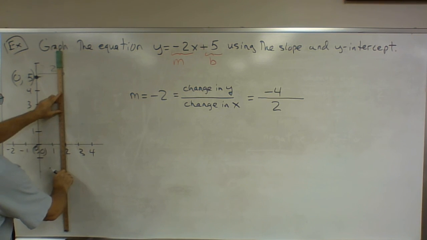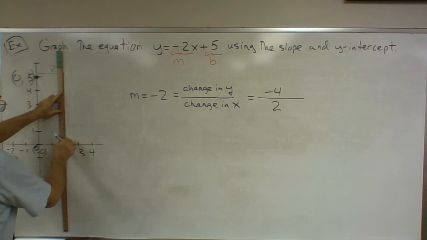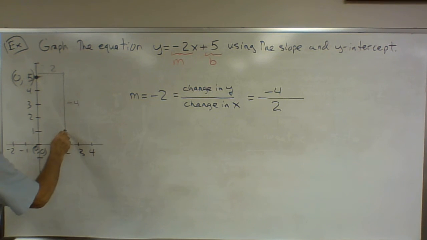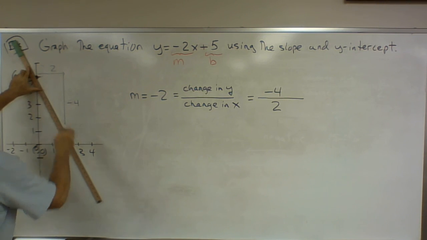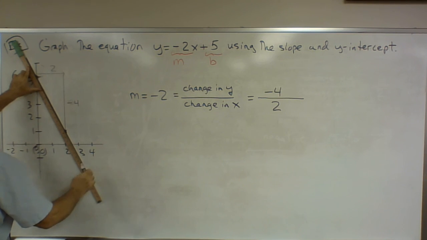And let's see what that looks like. We're going down 4 units, or negative 4 units in the y direction. And that gives us our second point.